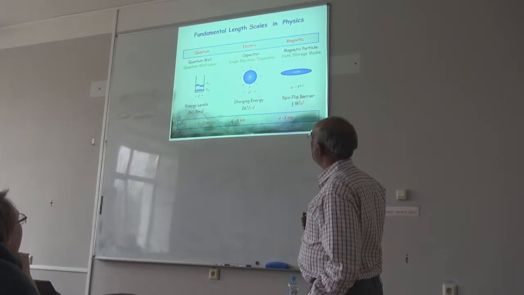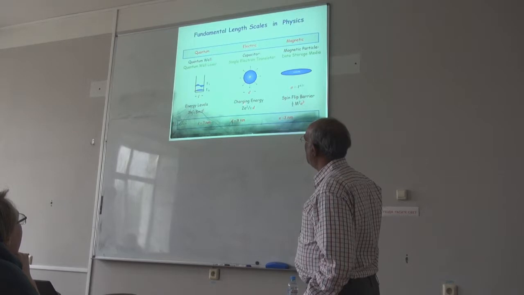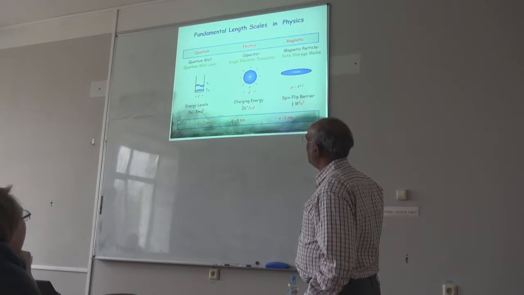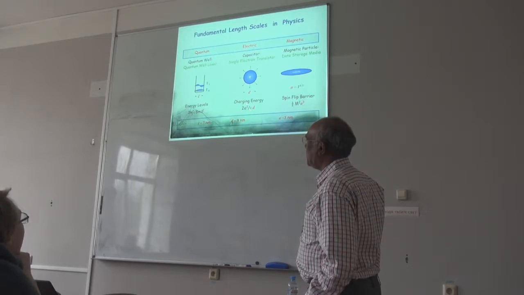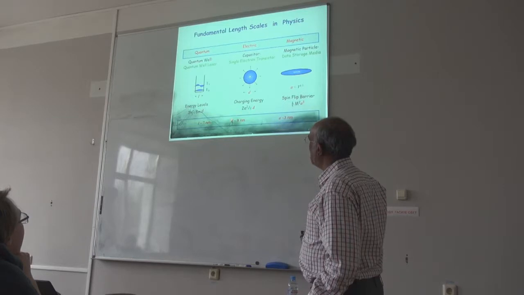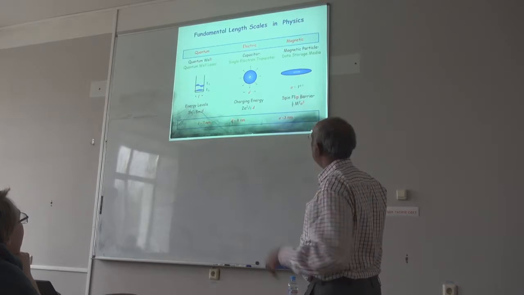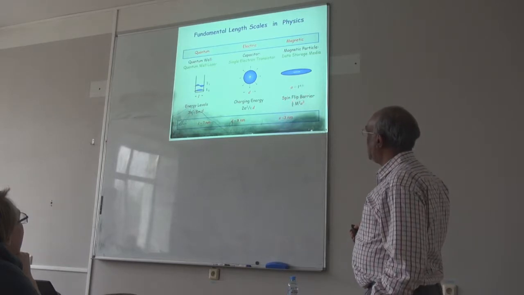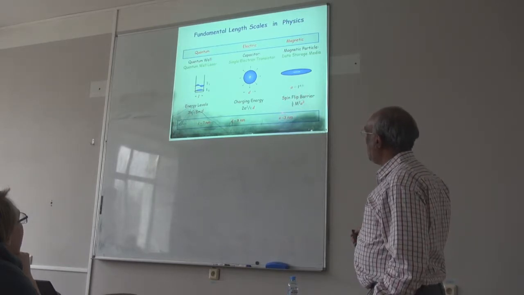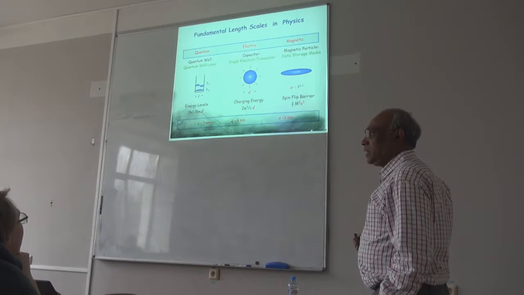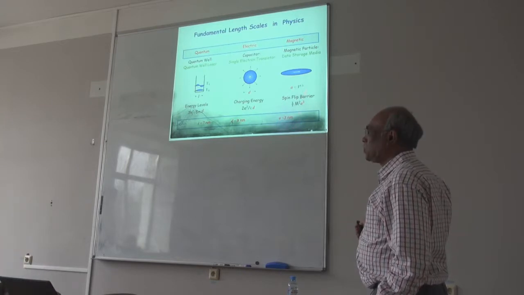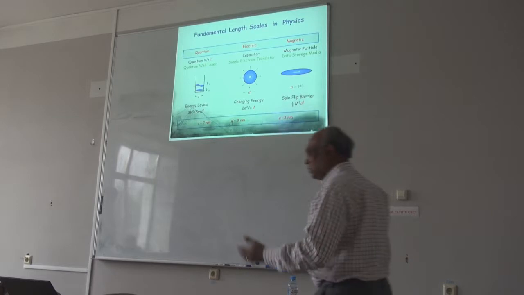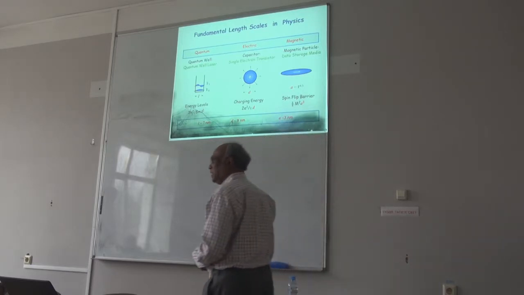If you go to a single electron transistor, you have the charging energy given by this, e squared over C. So this length scale is about 10 nanometers. Even in magnetic materials, we have something called the spin flip barrier. That's given by here. So they all come in the nanometer scale. These are very important. That's why we want to study nanomaterials at this scale. Right?